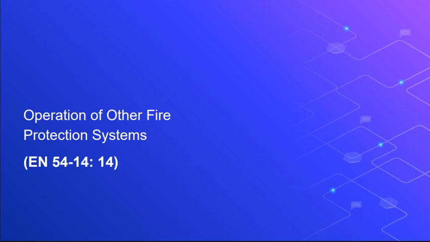The operation or failure of another fire protection system must not compromise the correct operation of the fire detection and alarm system or prevent the transmission of a signal to another system. The recommendations or requirements given in the documentation of the other fire protection system should be followed.